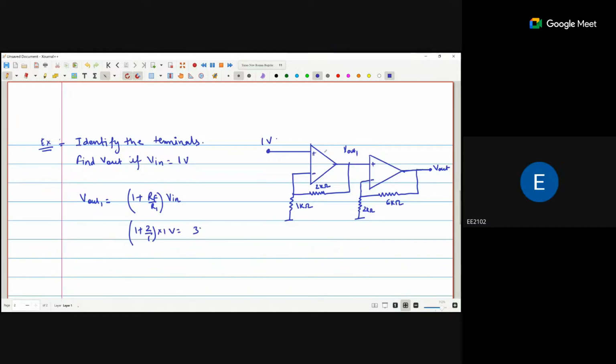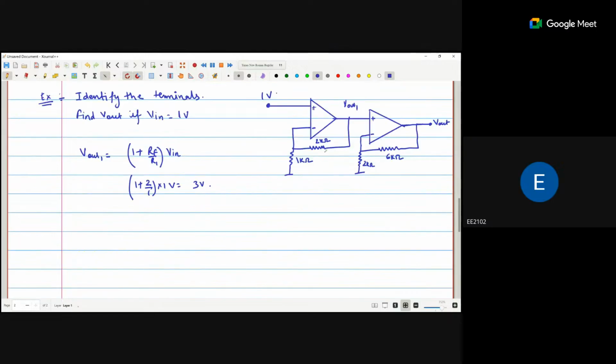That is 3 volt. Now what is V out? V out is again 1 plus RF by R1 times V out 1. 1 plus 6 divided by 2 times 3. So it is 12.